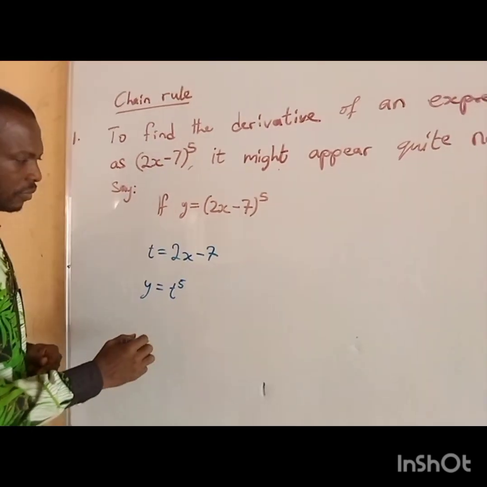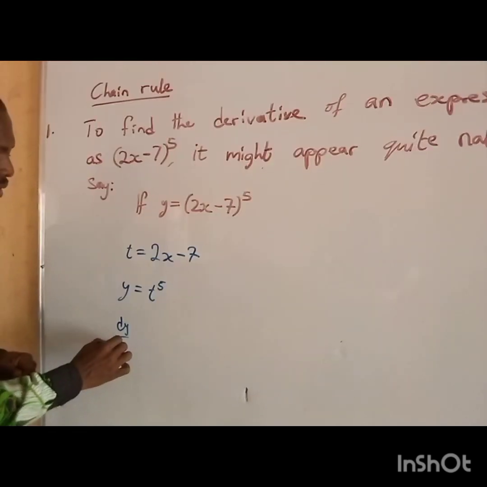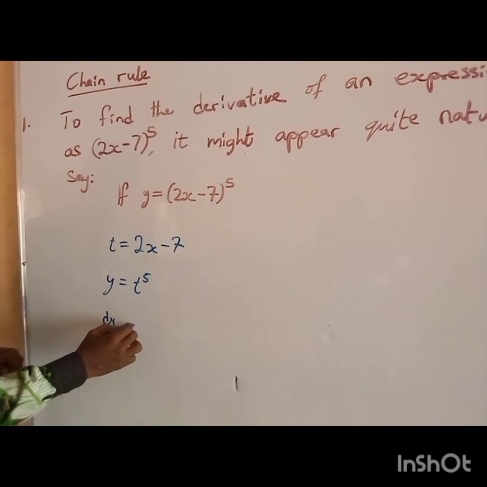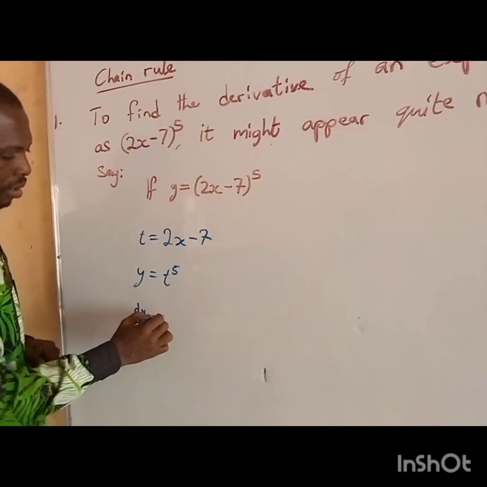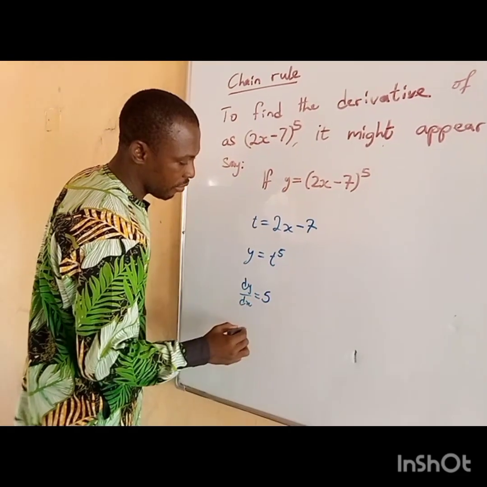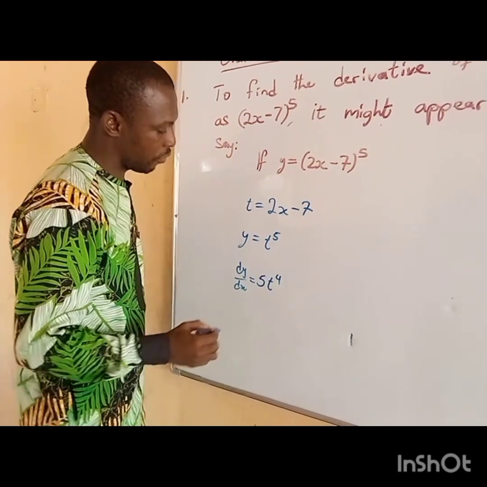To differentiate this, we'll take dy/dt of this. It will now be 5t, and 5 minus 1 is 4.